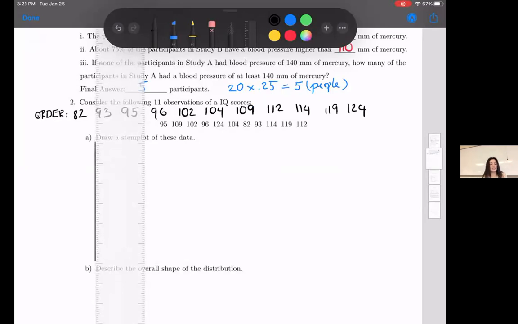You can have many digits on the stem part if you want. When the problem is easy, it's only 2 digits. So let's see, 8, 9, 10, 11, 12.